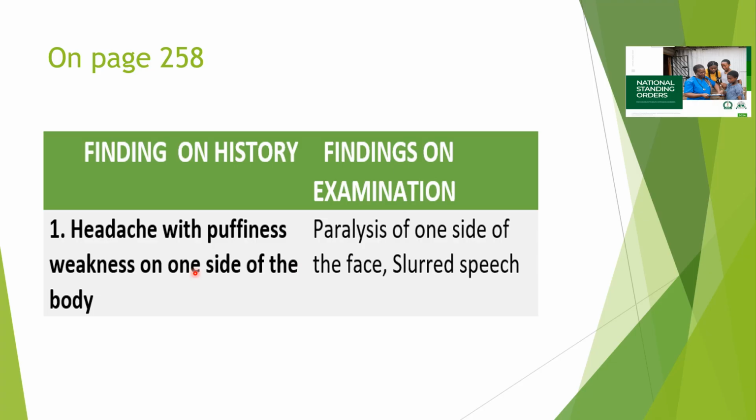So which corresponds. Further finding on examination, just as stated according to Mr. Olorumola's condition, is paralysis of one side of the face and slurred speech. So this confirms that this is the page and these are the findings that we are looking for, because it is 100% the same as the one given to us in the question.